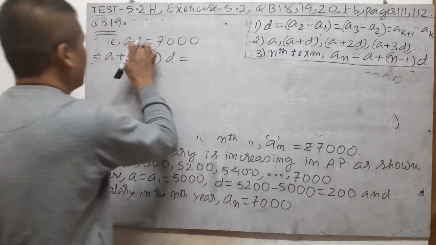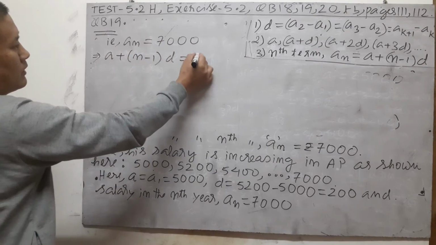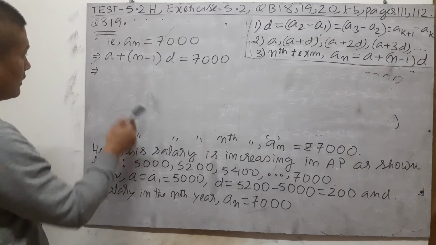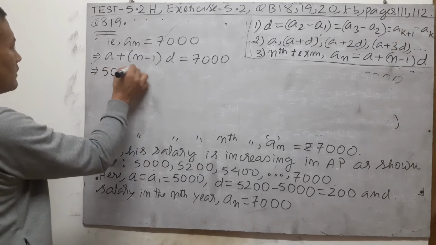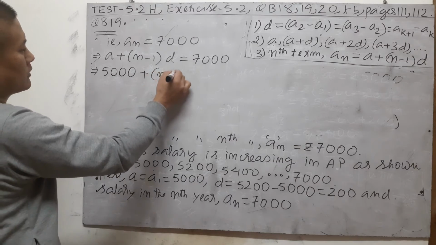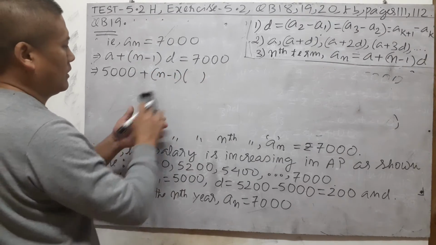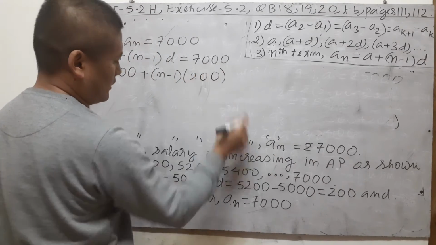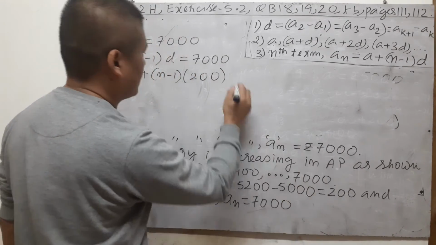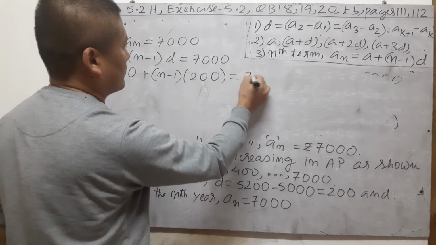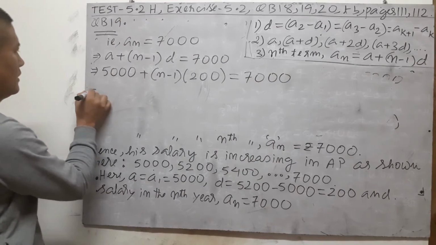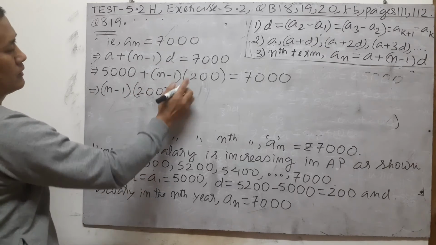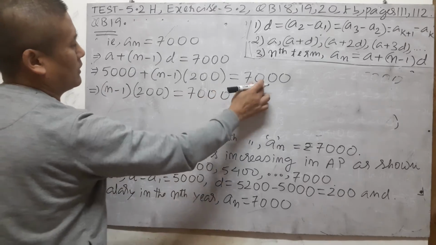I've replaced an by 7,000. The A value here is 5,000, plus n minus 1 into d, which is 200, equal to 7,000.